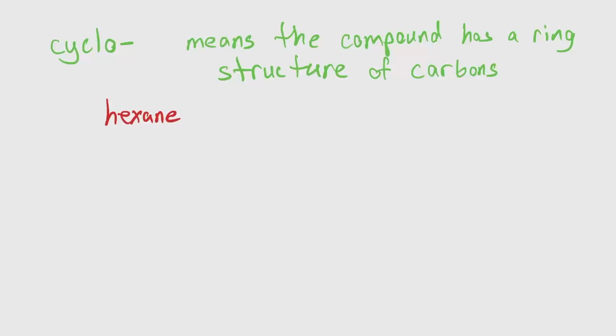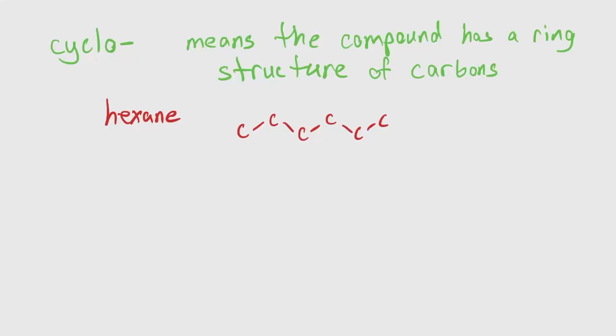That would be hexane. If we drew that out, we would have 6 carbons. This would be N-hexane, because it's the straight chain version. I'm omitting the hydrogens because I don't want to draw them. So this is hexane.